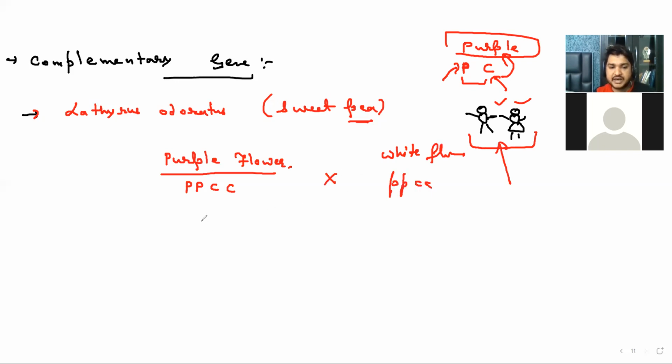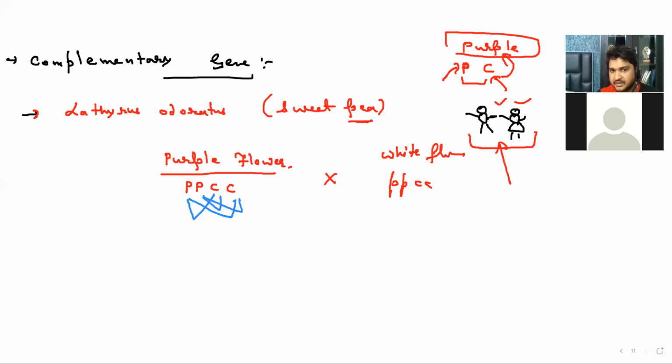Now if you are conducting a cross, just tell me, in the first generation, what will be the gametes? PP and CC? Haven't I told you how to make gametes like this?